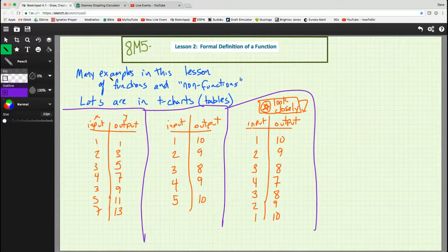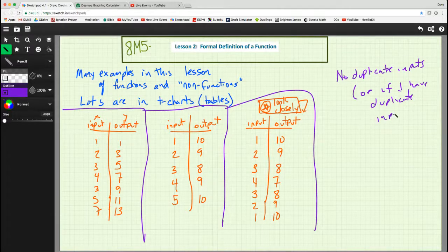Let's look at our rule that says no duplicate inputs, or if I have a duplicate input, I get the same output.